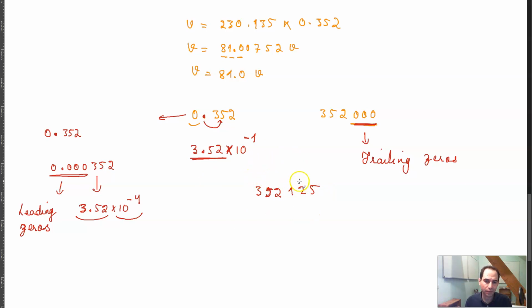Now, when somebody asks you how many people are there in this town, since it's a town, you would probably say about 350,000, or you would say about 352,000. You would not say exactly 352,125 people, because people do not care about the last 125 people.